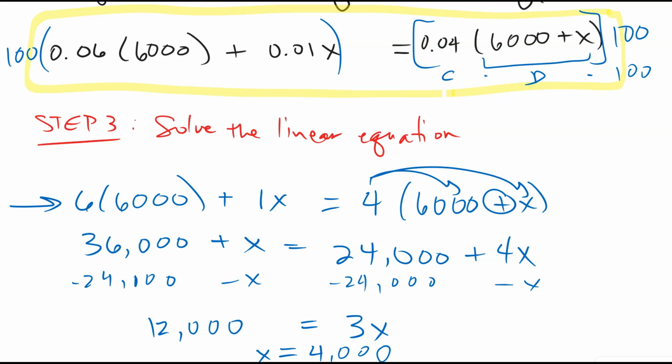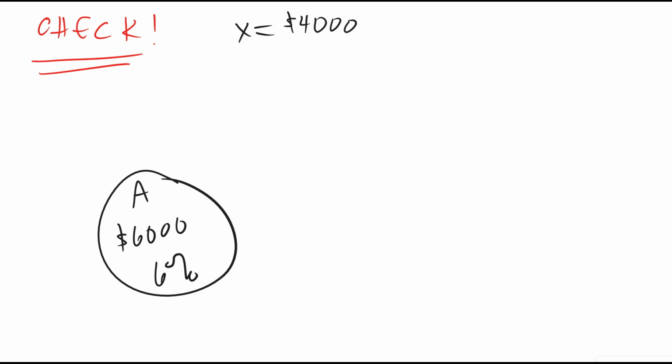And we're almost done. We want to check and also make sure that answer is reasonable. So let's check and see if X is $4,000, does that work out? So we had that fund A was $6,000 at 6%. Fund B, we're saying, is $4,000 at 1%.